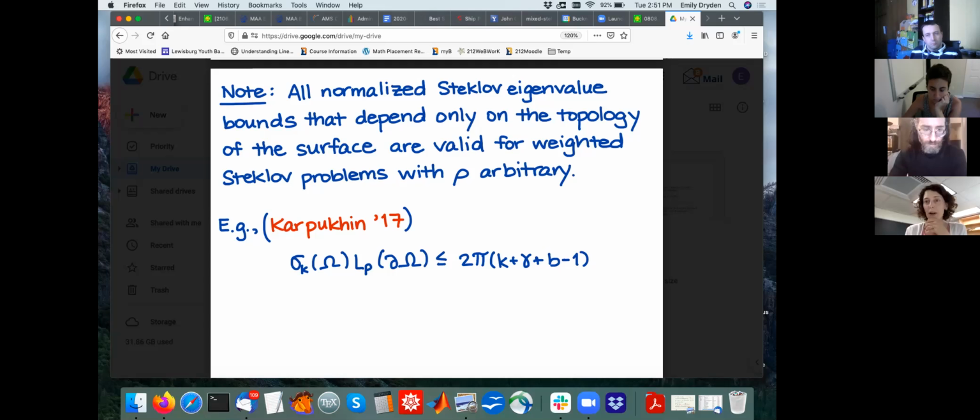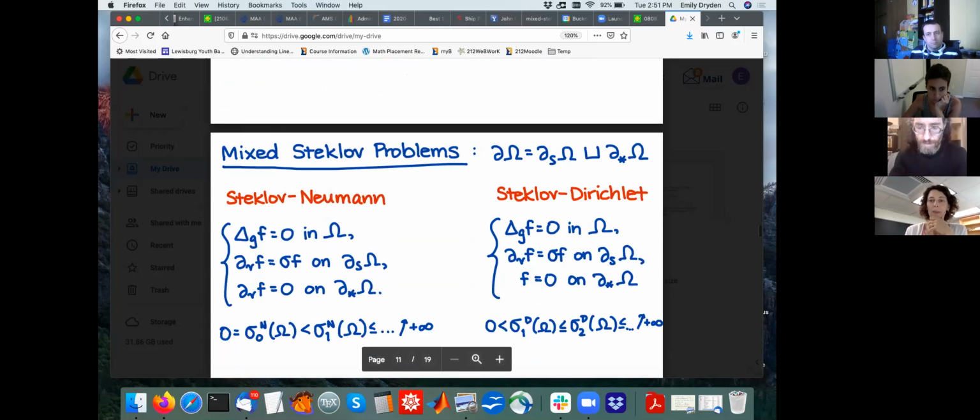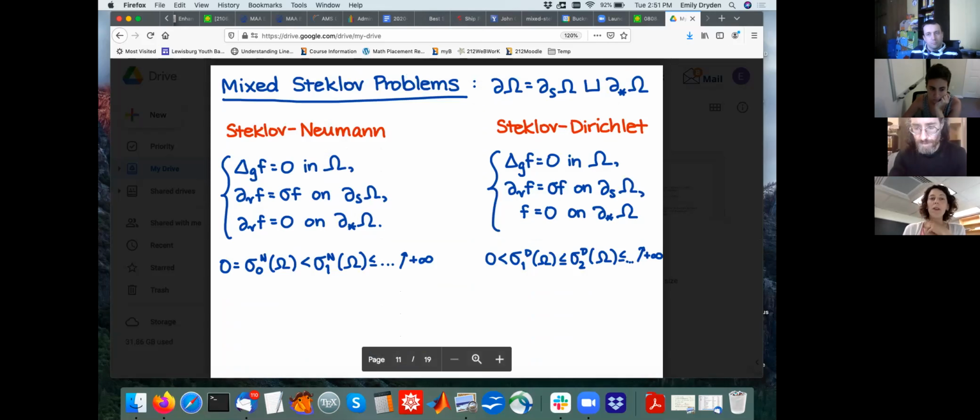Okay, so I've mentioned, and my title promised, mixed Steklov problems, so let's get a definition of those, and then I'll give some more interpretations of those kinds of bounds. So, mixed Steklov problems. Here we want to think of the boundary as being decomposed into two types of boundary. We want to have our Steklov boundary, and then we want to have the rest.